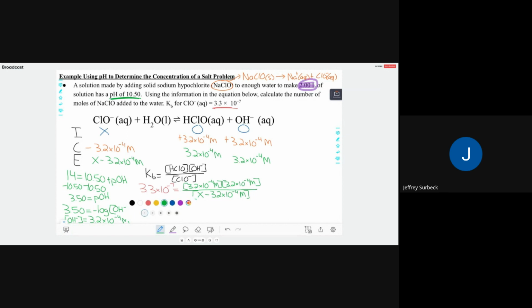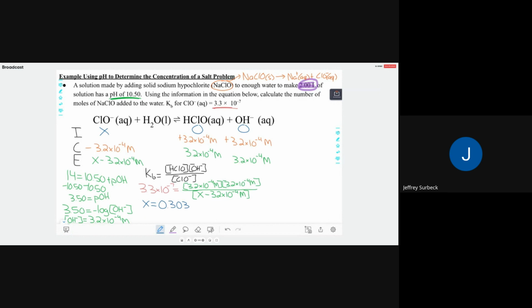But at the end of the day here, our X just becomes 0.303. All right? X equals 0.303. And what that really is, is the concentration of ClO to the minus.